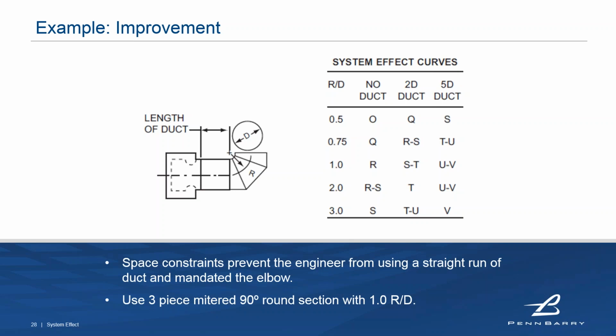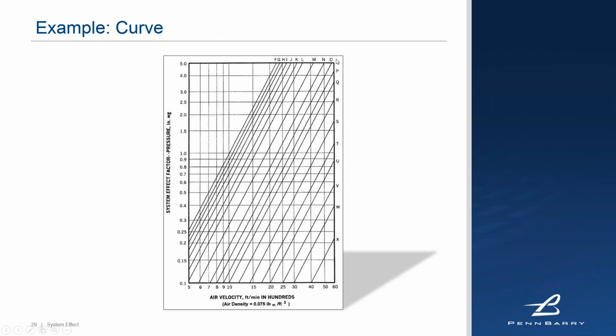By that I mean, if the diameter is 30 inches, I'm going to have one 30-inch long piece of ductwork, and then I'm going to have a mitered corner that has a radius over the diameter of 1 as well. So that ratio is going to be 1 to 1. What that means is that we're moving on to this R curve. Same curve that we had before, but we're going to move from N all the way over to R.